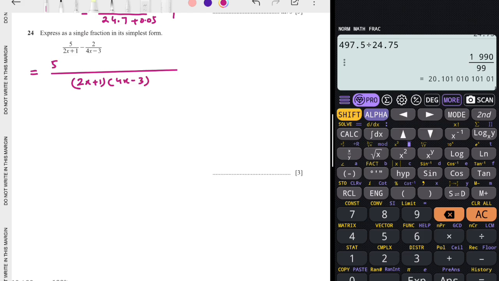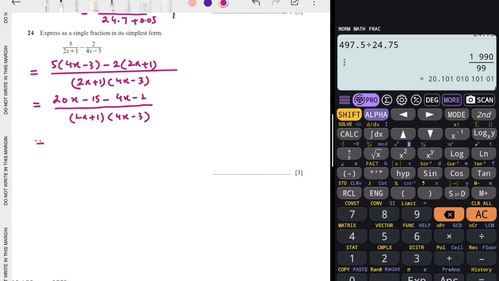So we cross multiply: 5 into 4x minus 3 minus 2 into 2x plus 1. So it would be 20x minus 15 minus 4x minus 2, divided by 2x plus 1 and 4x minus 3.